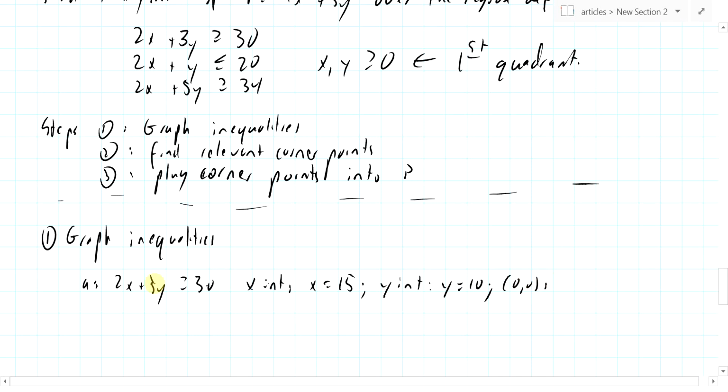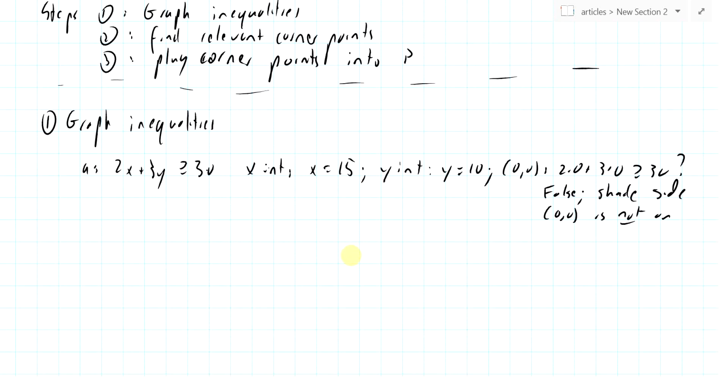Plugging that in, 2 times 0 plus 3 times 0 greater than or equal to 30? Is 0 greater than or equal to 30? No, that's false. Shade the side of the line the origin is not on, because this is false.